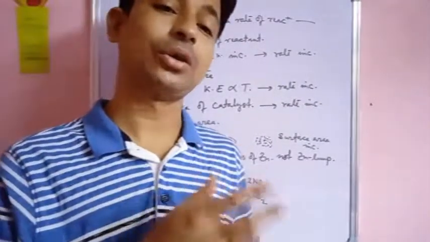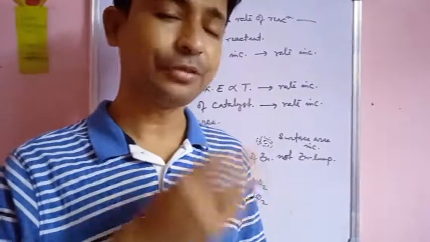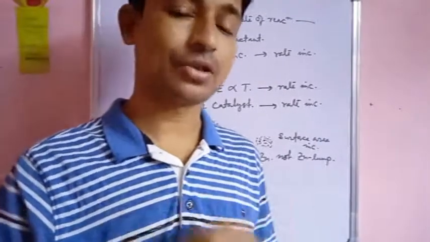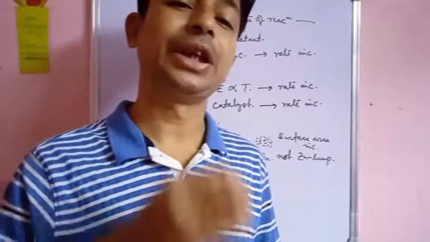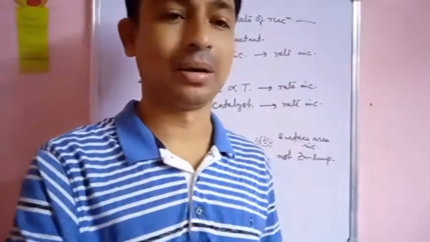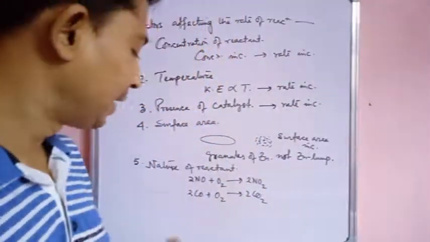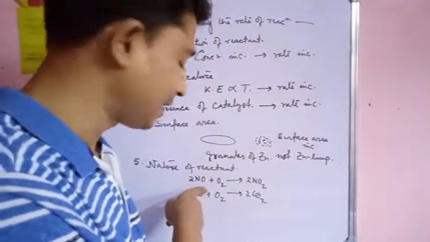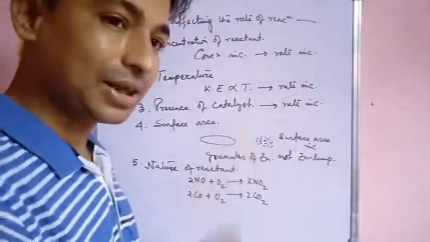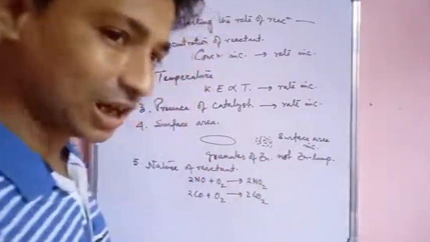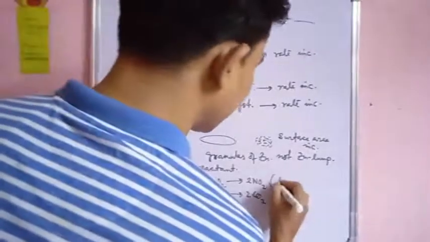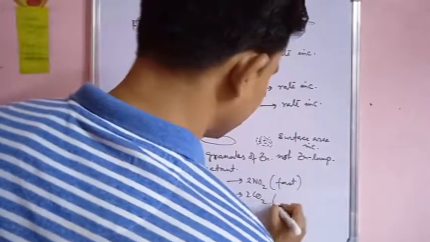the coal, if you burn it in presence of oxygen, you will see that it will take a whole day to burn. But if you take nitric oxide and burn it in presence of oxygen, the reaction will be faster. So this is the slow reaction.